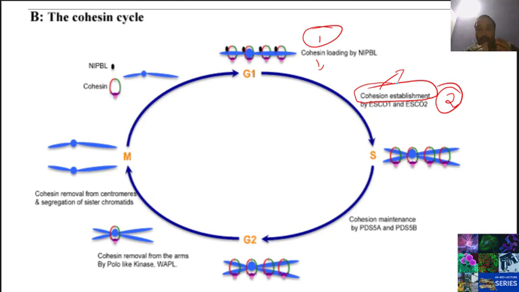So loading of the cohesin protein. The second one is establishment of the cohesion between chromatids, by cohesin. Then third is maintenance of cohesion. Then fourth is cohesin dissolution.